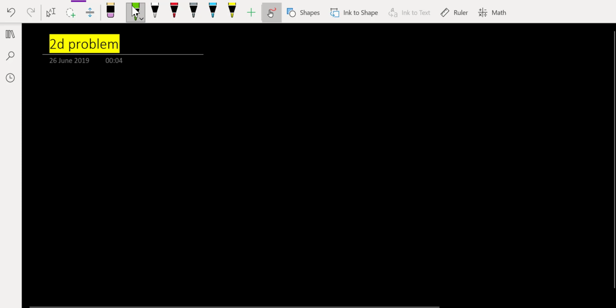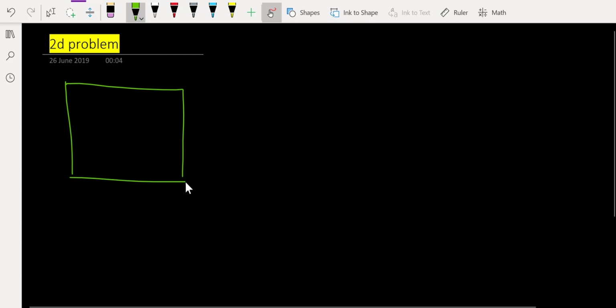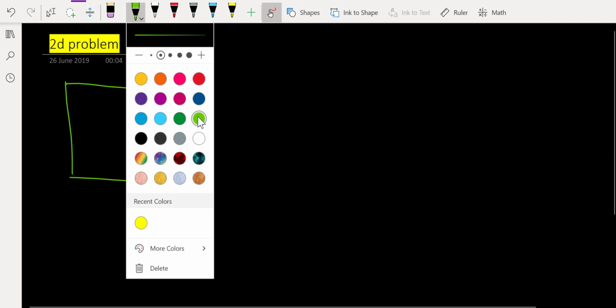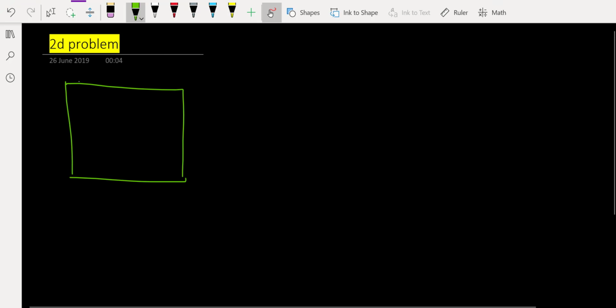Okay, so let's start with a simple two-dimension plate geometry. So let's say I have a plate, and to give it a feel of a plate, I'll draw the thickness also. Okay, and then this is the field part.